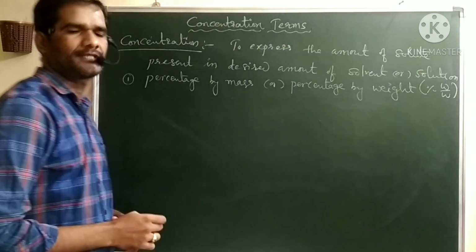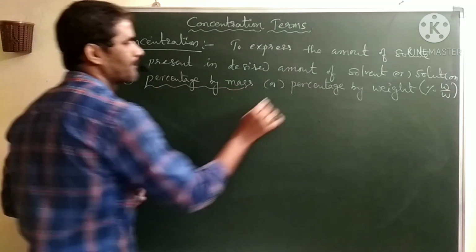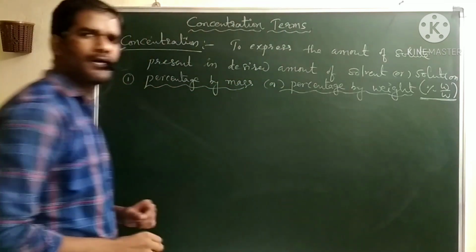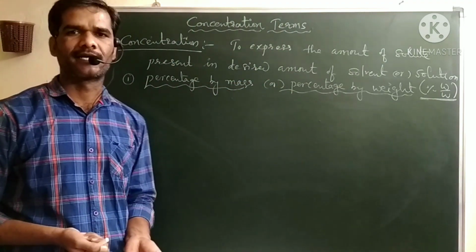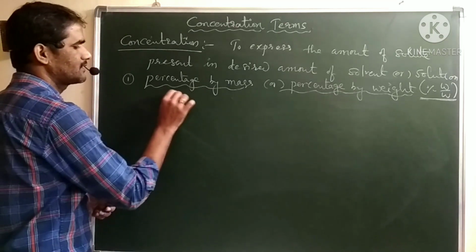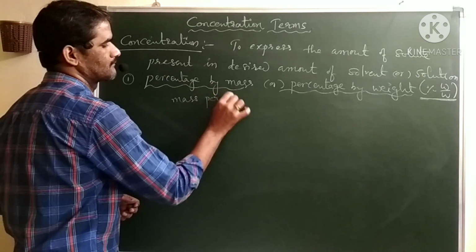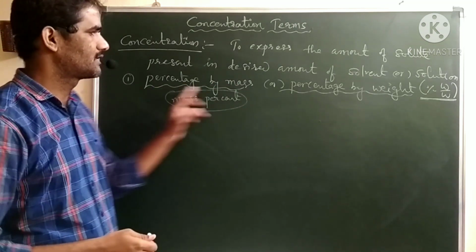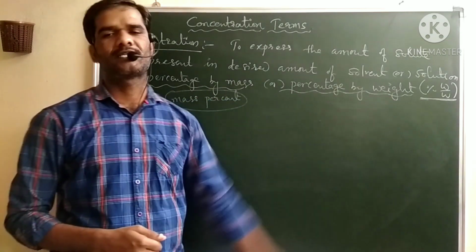That is the representation for percentage by mass. Sometimes we can also call it mass percent. Either mass percent, percentage by mass, or percentage by weight, all are the same. That is percentage weight by weight.